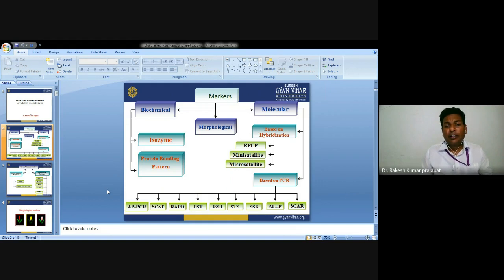In the case of minisatellites, there are long DNA sequences. Suppose the sequence GACT is repeated 10 to 12 times, or even 1000 times. So the length of the DNA increases because of the repetitive sequences. In microsatellites, the repeat unit is small.